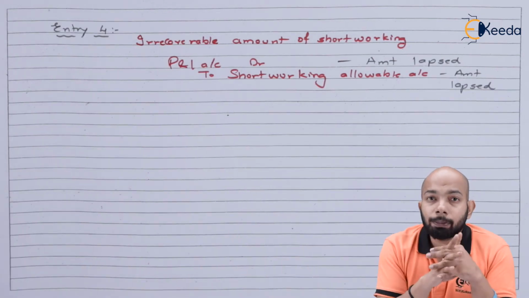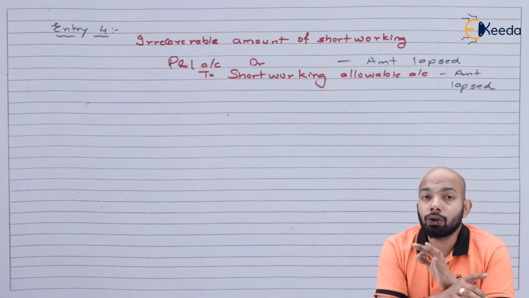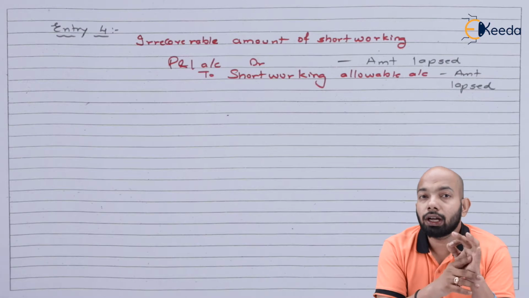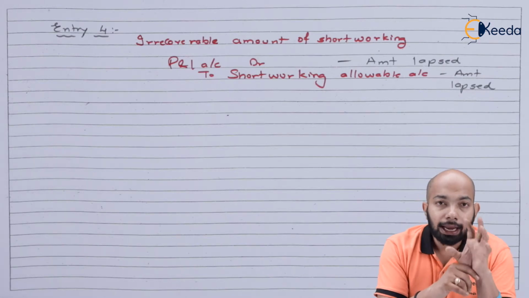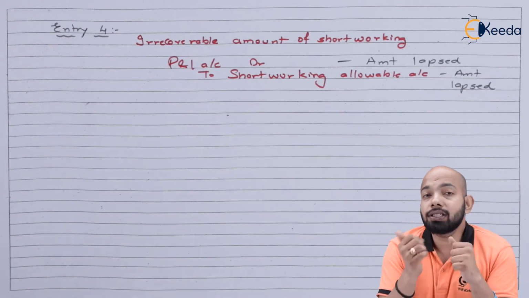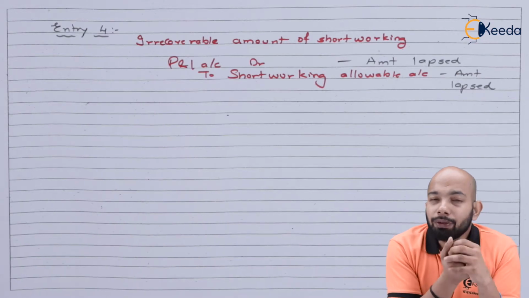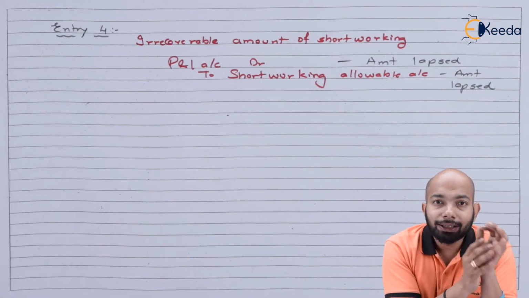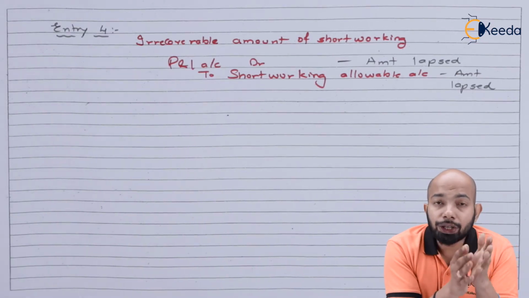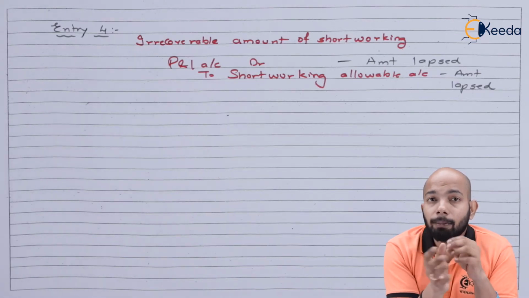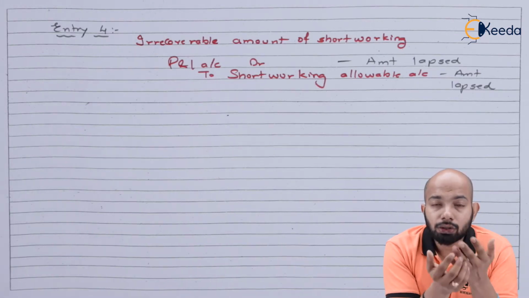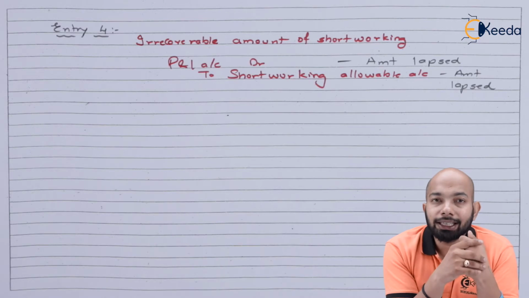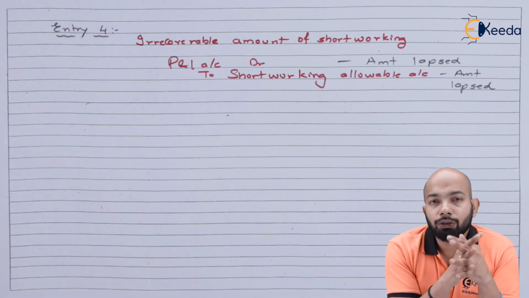The entry passed here is profit and loss account debit to short working allowable account credit, and the amount that has lapsed is mentioned here. Whenever we speak about a lapsed amount, that refers to the amount which couldn't be recouped, or rather the amount that couldn't be given here. That is the lapsed amount that you have to pass here.